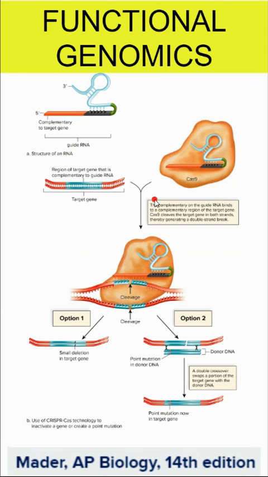So it's evolved to start using CRISPR-Cas9. So we have these CRISPR sequences, RNA sequences, to find target genes. So we have this Cas9 protein enzyme that will cleave DNA.